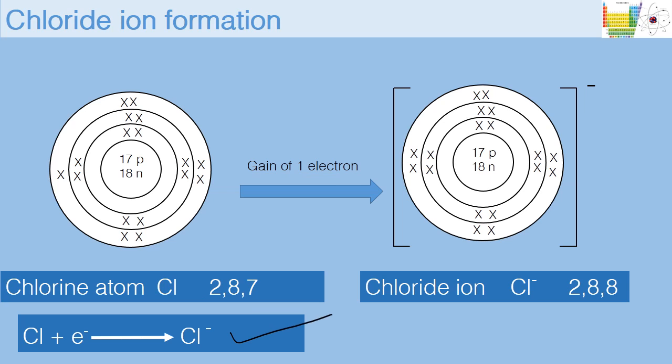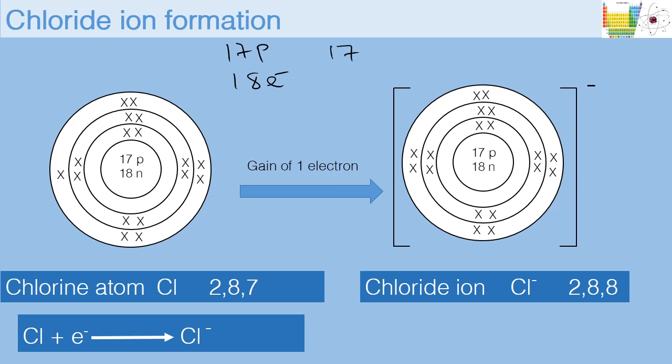Again, for the chlorine atom, it has 17 protons and 17 electrons, to give us 17 plus negative 17, which is 0 charge. But for the chloride ion, we have 17 protons, which are positively charged, and 18 electrons, which are negatively charged.